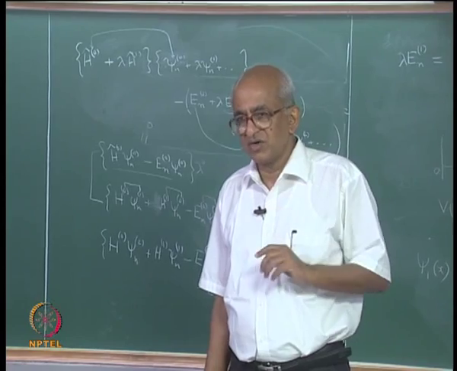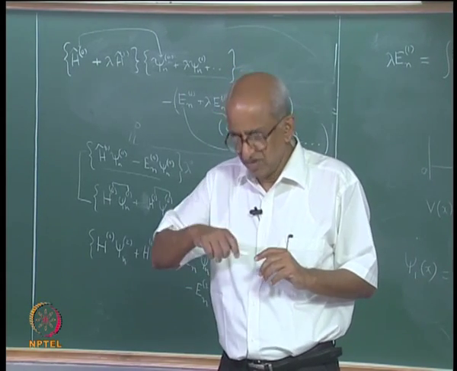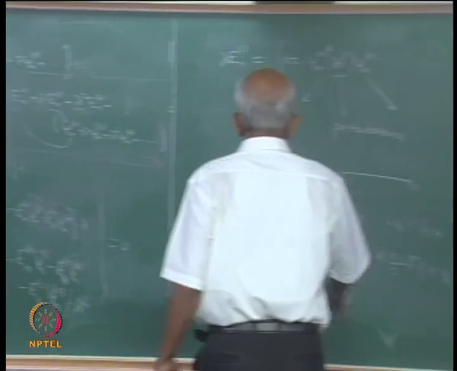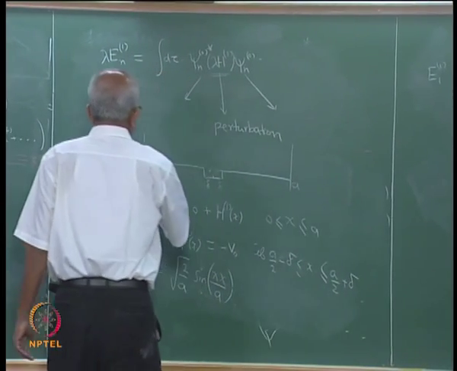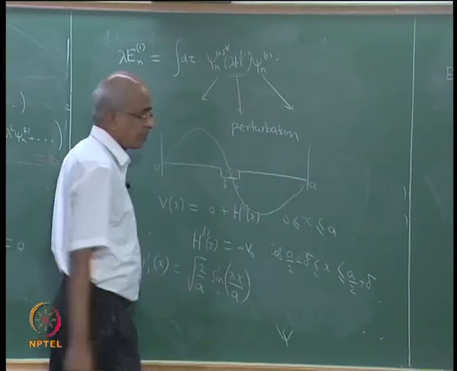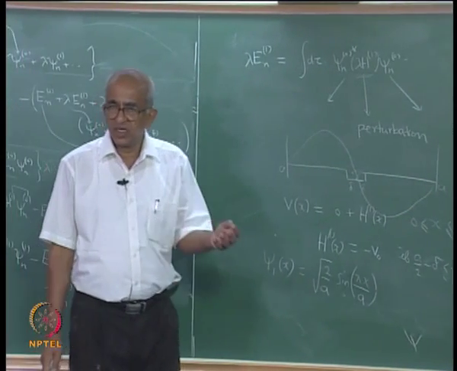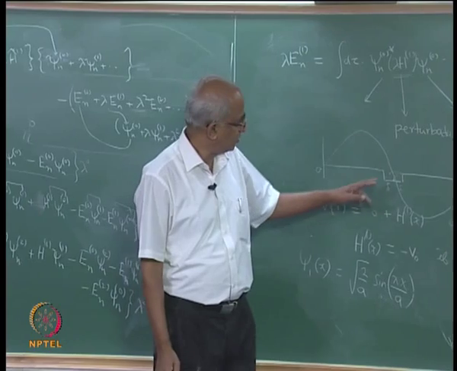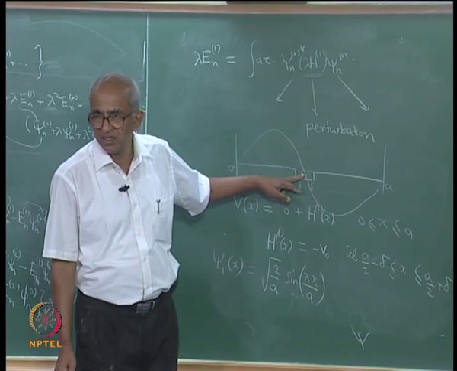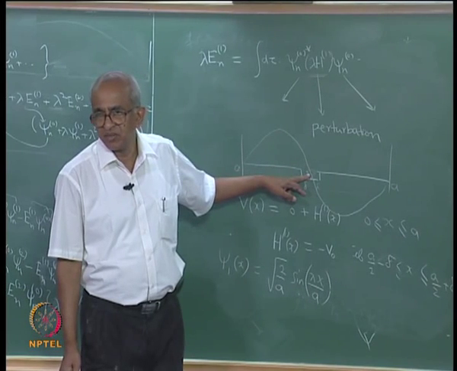Well, how is the first order wave function for the first excited state? It has a node right at the middle. The wave function would look like that, and if you did the same kind of calculation, you will have to evaluate the value of the wave function right at the middle of the box.